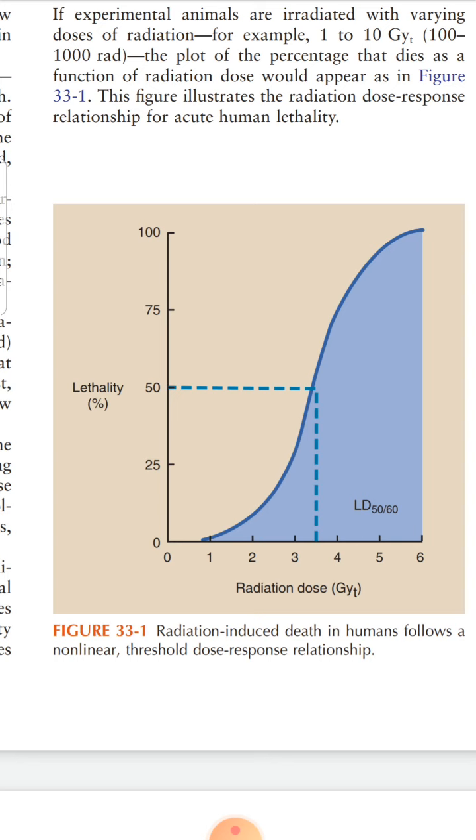So it requires at least 350 rads or 3.5 Gy to cause at least 50% lethality rate of the irradiated subjects. If the dose is enough to cause 50% lethality, then the death will occur within 60 days of exposure.